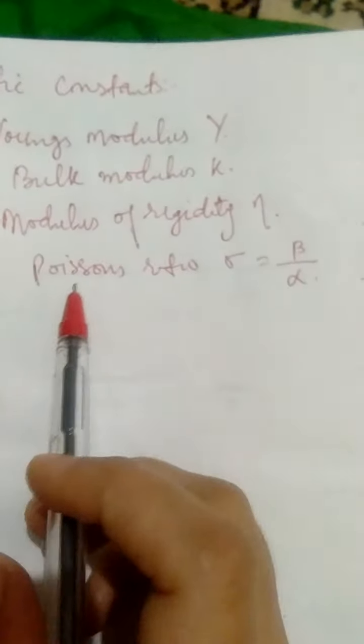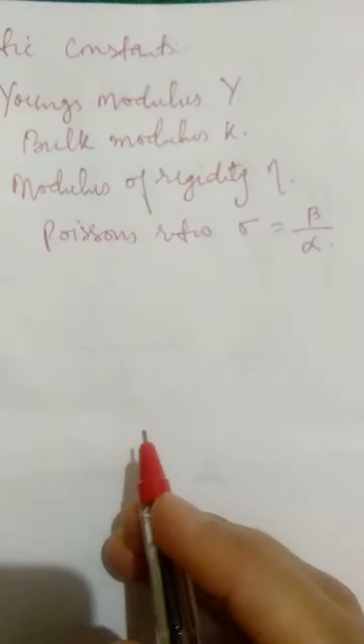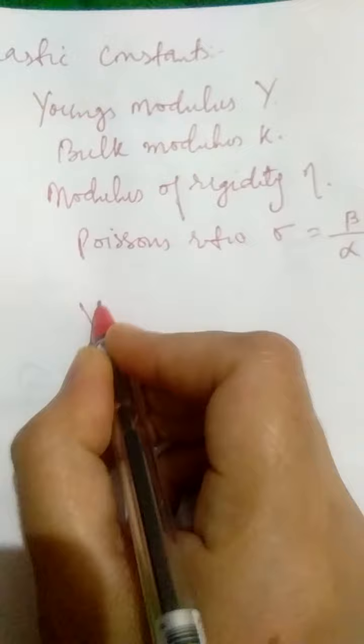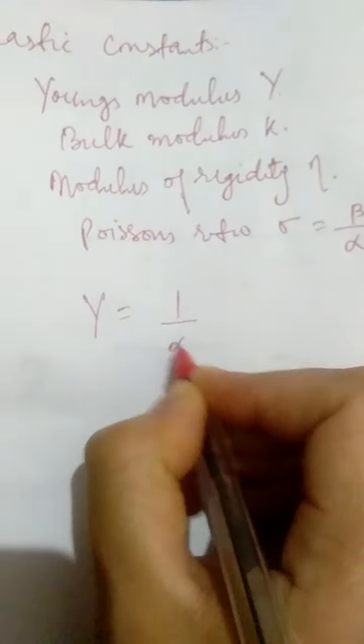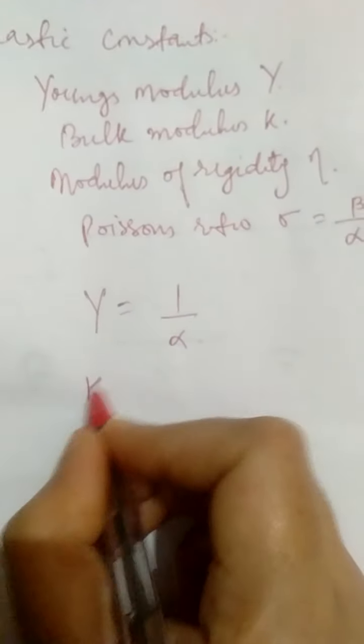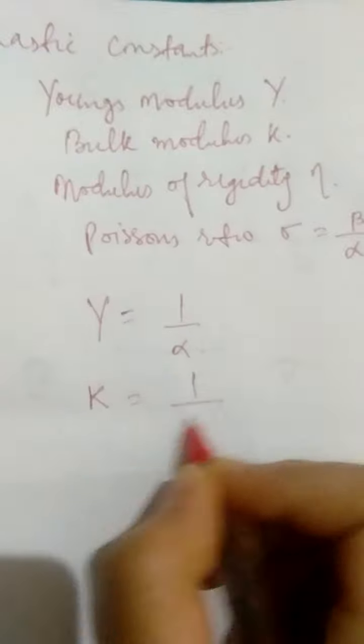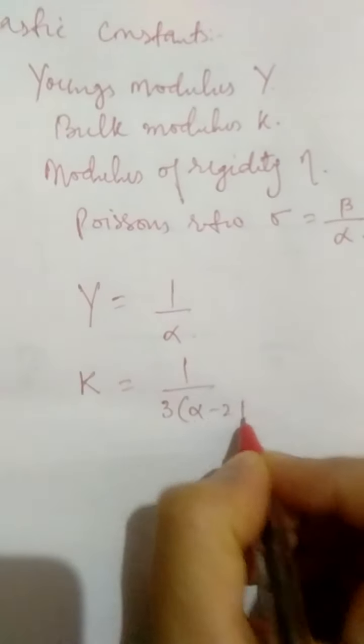Now, in order to establish the relation between any three of these constants, we need to express all the three in terms of beta and alpha, right? In the previous lecture, we expressed that Young's modulus Y is the reciprocal of alpha. Similarly, the bulk modulus K is 1 by 3 times alpha minus 2 beta.